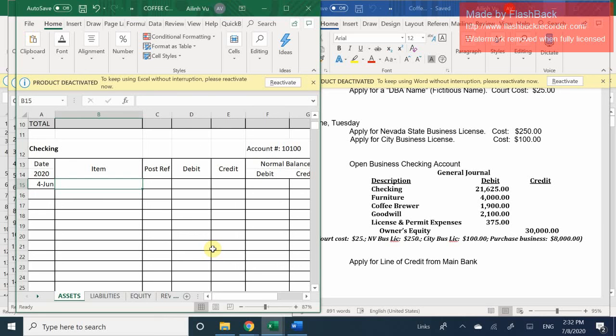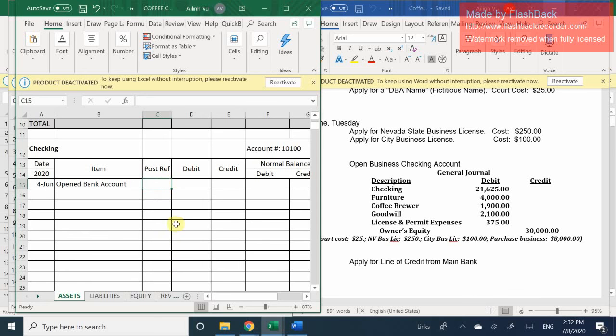First is the date, but then you added money, yes. This is the general ledger we're in now? Yes. Okay, good, I got it. All right. In my item, my description is I opened bank account. My post reference is going to be anything that you put in your general journal.